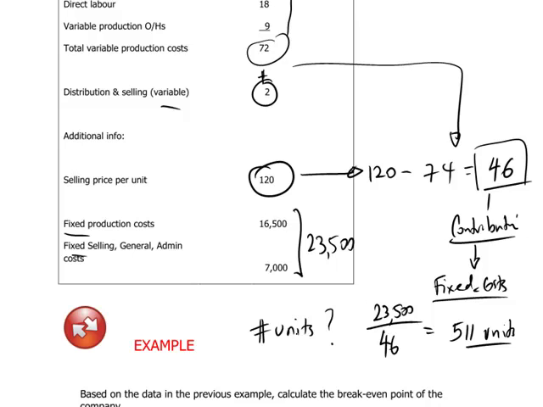Let's just test it. If we produce 511 units, we will achieve revenues at $120 per unit. Let's just multiply that through, of $61,320. At 511 units, what's our cost total?